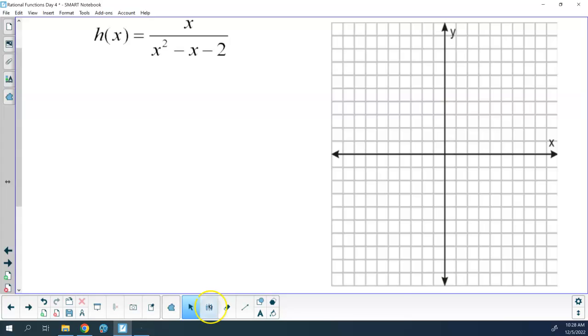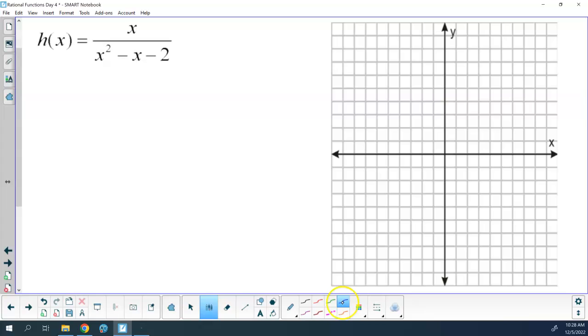Step 1. Domain. How do I find the domain? Set the denominator equal to 0. Even with more complicated denominators, we still set them equal to 0 to find our restrictions in our domain.